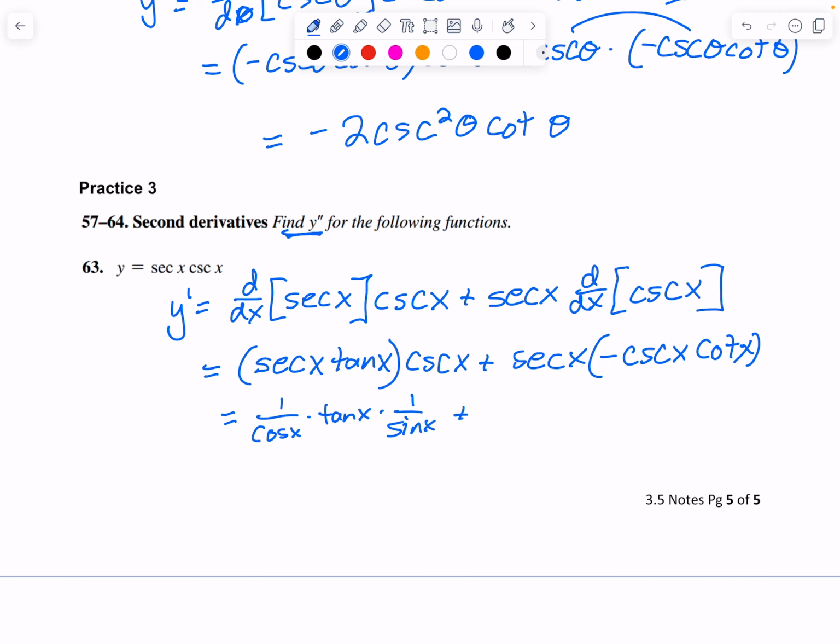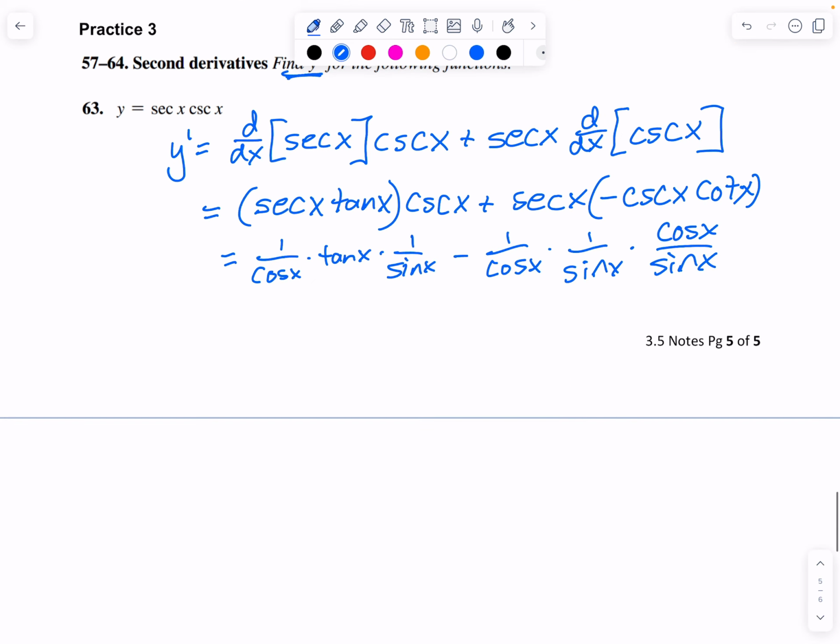Plus, or minus, let's go and do minus. And this is going to be 1 over cosine x times, that minus I moved out front, 1 over sine x, and then cosine x over sine x. If you notice that tangent, let's write that as sine over cosine to help us out.